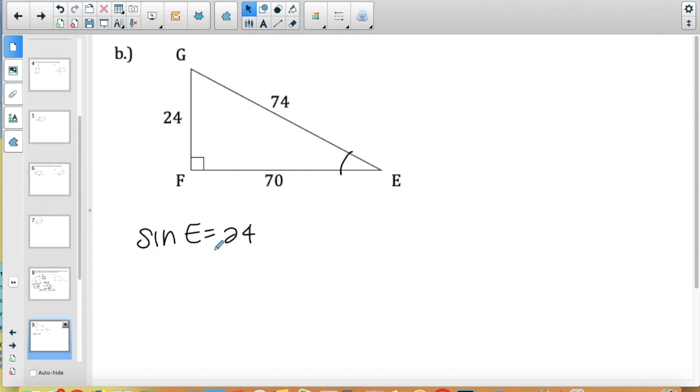24 over 74. And so then the sine inverse of 24 over 74 is what we can type in our calculator.